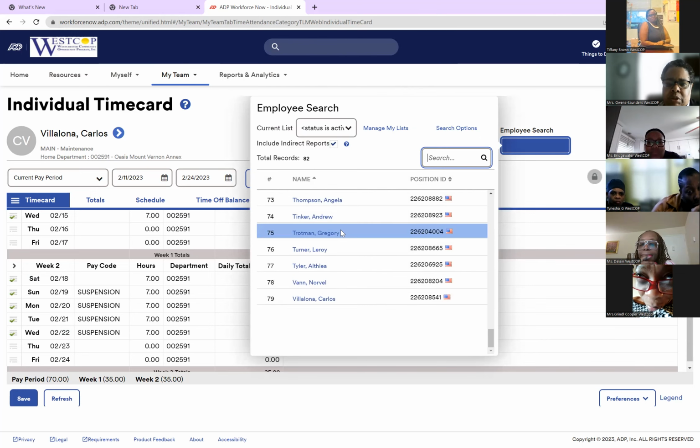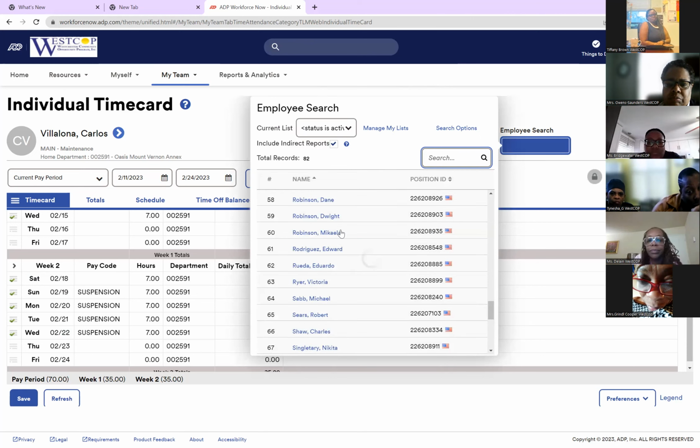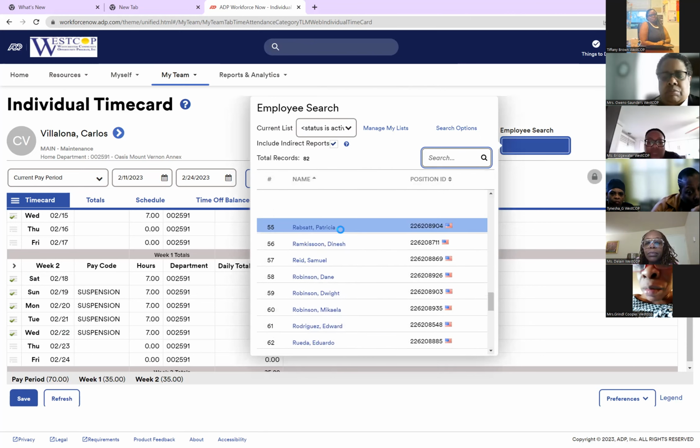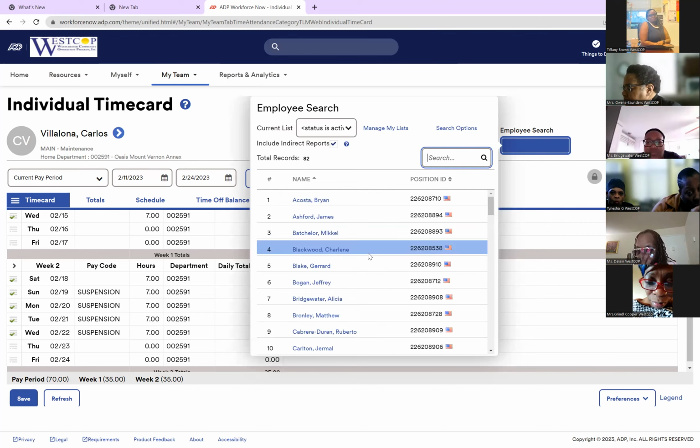If not, we can do Stevenson then. Yeah, I don't have him. But if you go onto your laptop and log in, I'll be able to assist you with that. But let's go to Stevenson.